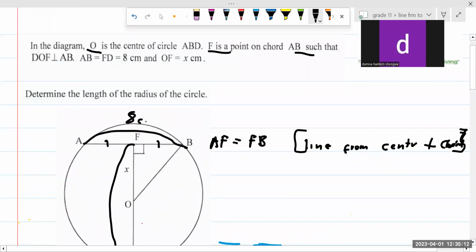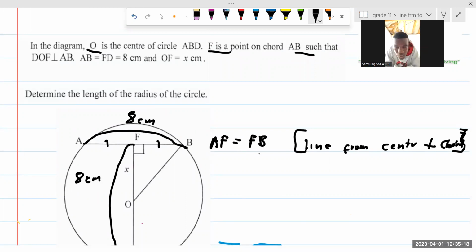It means this one here is 8 centimeters, and this one here is also 8 centimeters. Now, based on what you have written here, if they're saying this thing here is 8, you can come and tell them that one of these parts is going to be 4 centimeters.